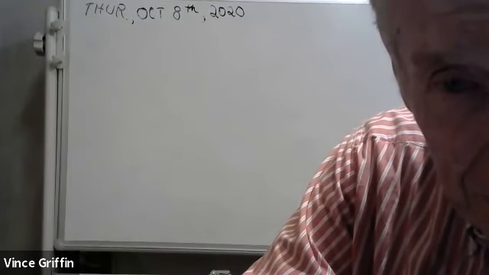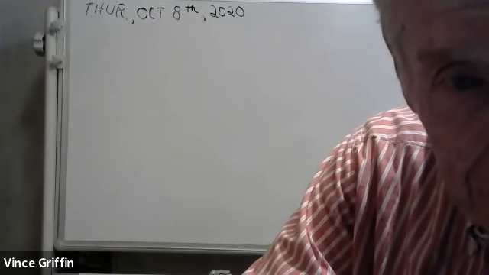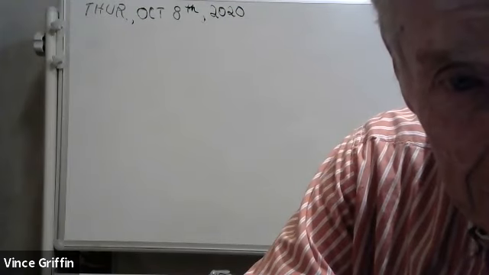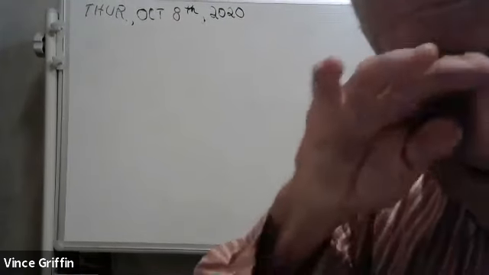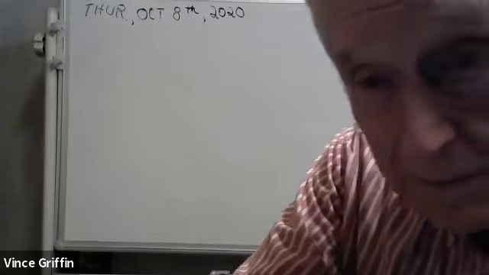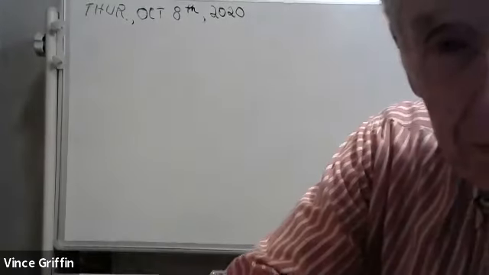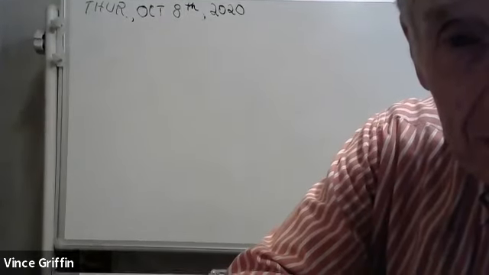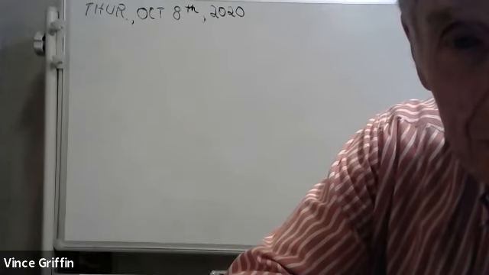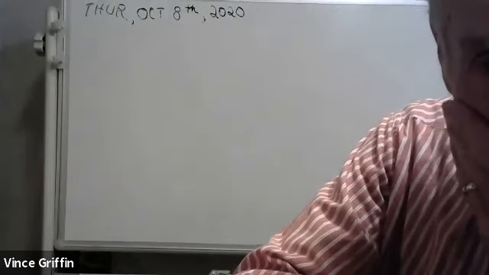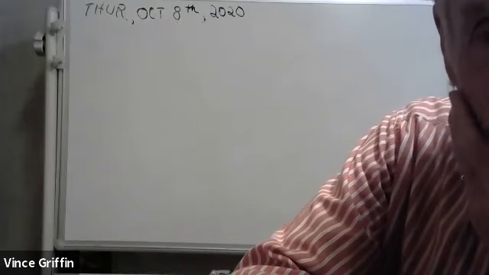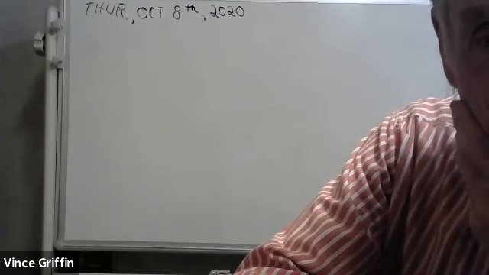Let's see who else I've got here. Nicholas, Taylor, Reagan, William, Chase, and Julian. Got a good class. All right, well, let's get started here. What are we going to do here today? Do you guys have any questions for me?